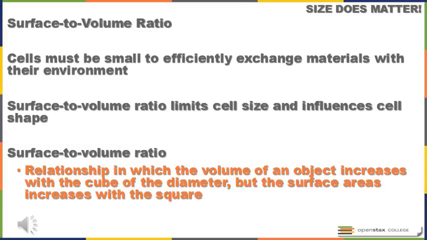So, surface to volume ratio is defined as the relationship in which the volume of an object increases with the cube of the diameter, but the surface area increases with the square, which is a nice mathematical way to say that the surface to volume ratio limits cell size, influences cell shape, and determines how effectively and efficiently cells exchange materials with the environment. So focus on whichever definition makes sense to you.